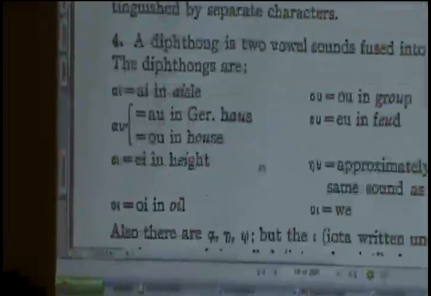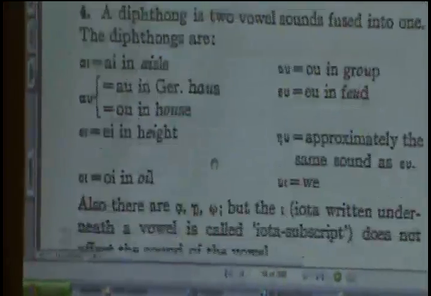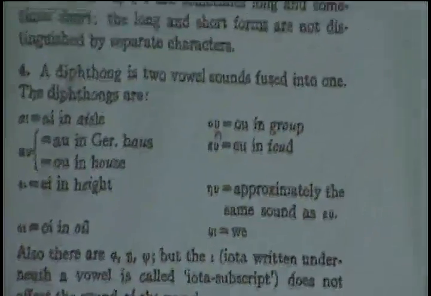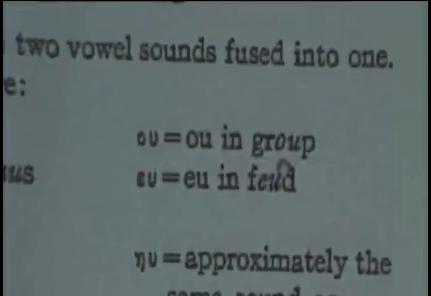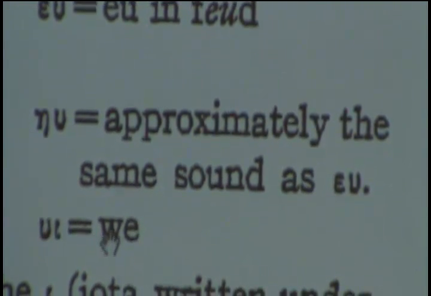Omicron iota is oi, like in oil. And then this is oo, like in group. And this is eu, like in few. And then this is eu, but it's long. This is we, just like we.